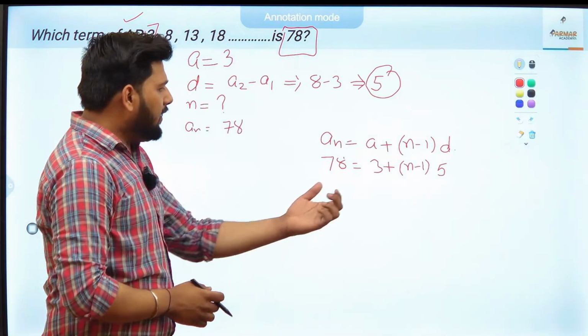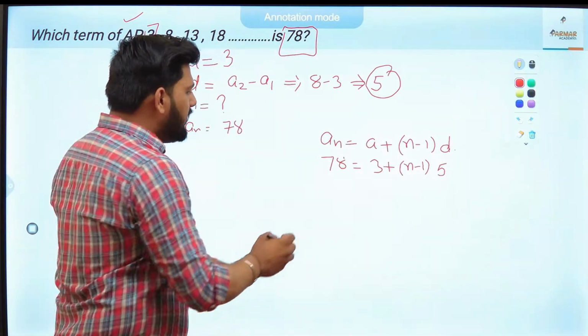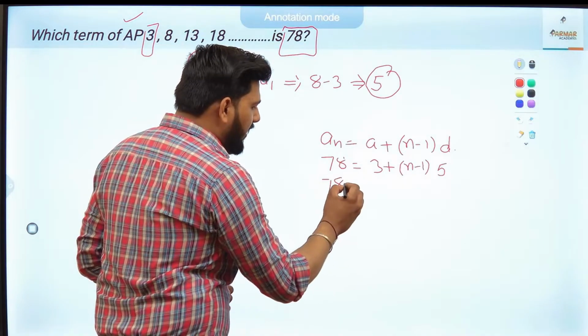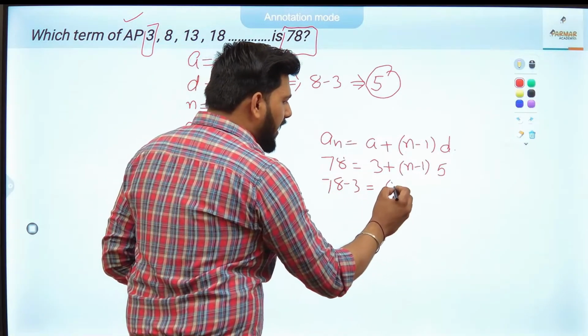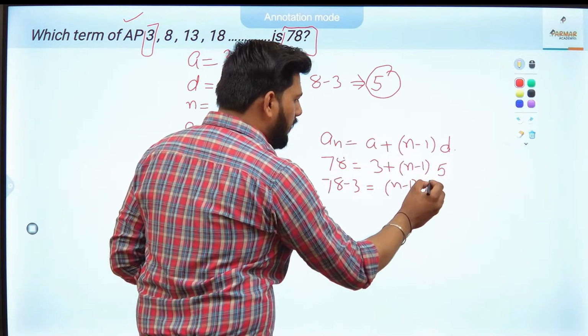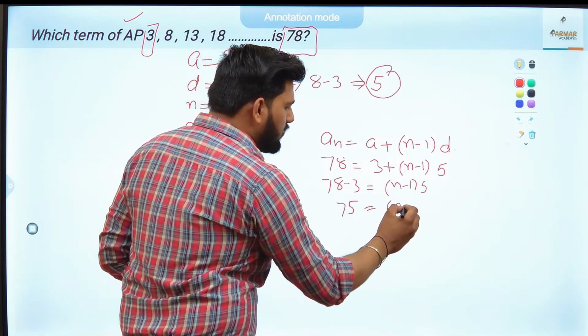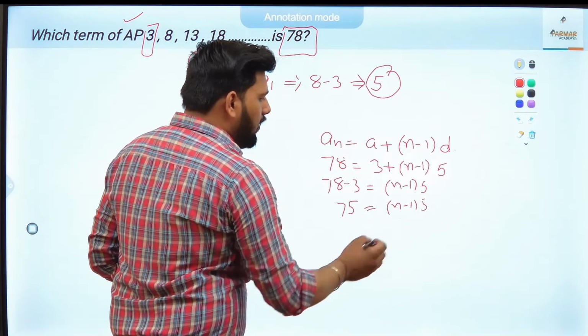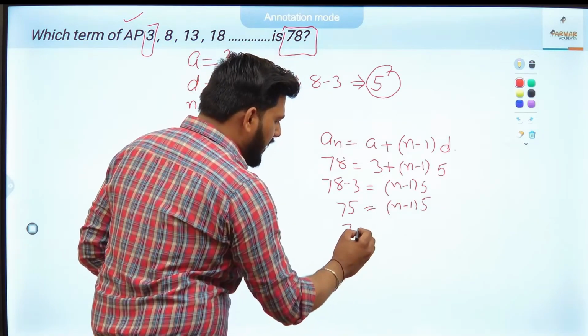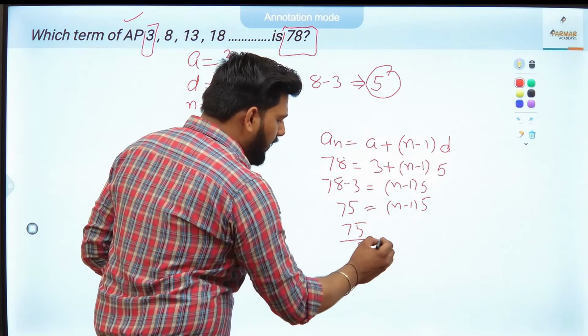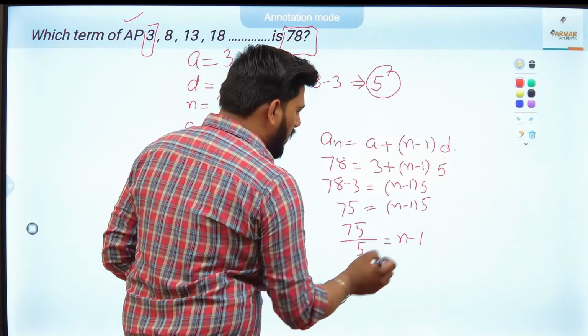Now simply 3 goes to this side as negative: 78 minus 3, that is 75, is equal to n minus 1 times 5. Now this 5 gets divided this side, 75 over 5 is equal to n minus 1.